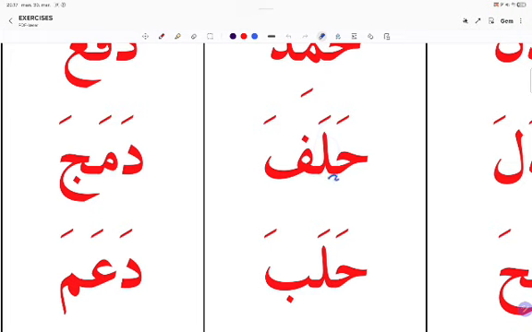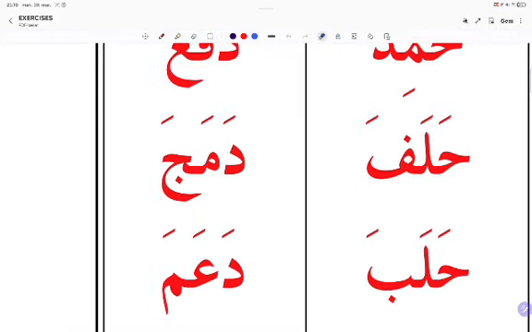This is how lam is written in the middle of a word, and in the beginning connected from the left. But alif will stand alone if it's in the beginning, and in the middle it will be connected to the right but not to the left. So this is lam, fatha, la, and at the end fa, fatha, fa. Ha, la, fa. Then we have dal.